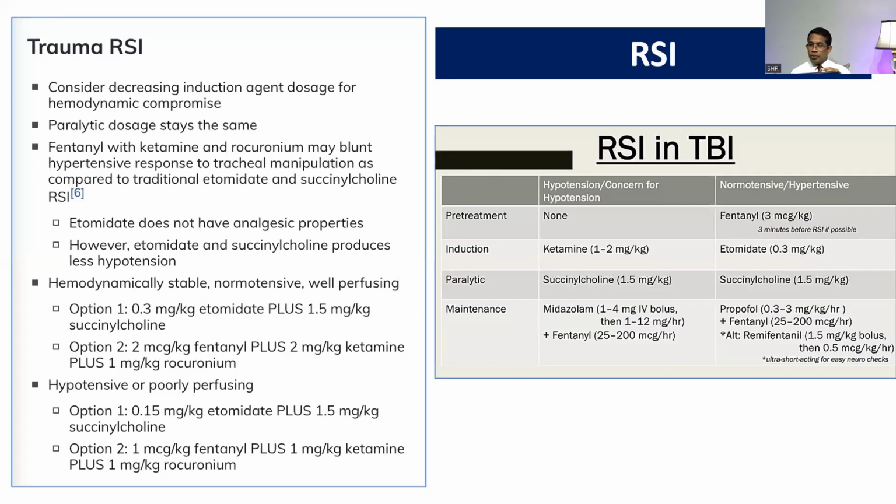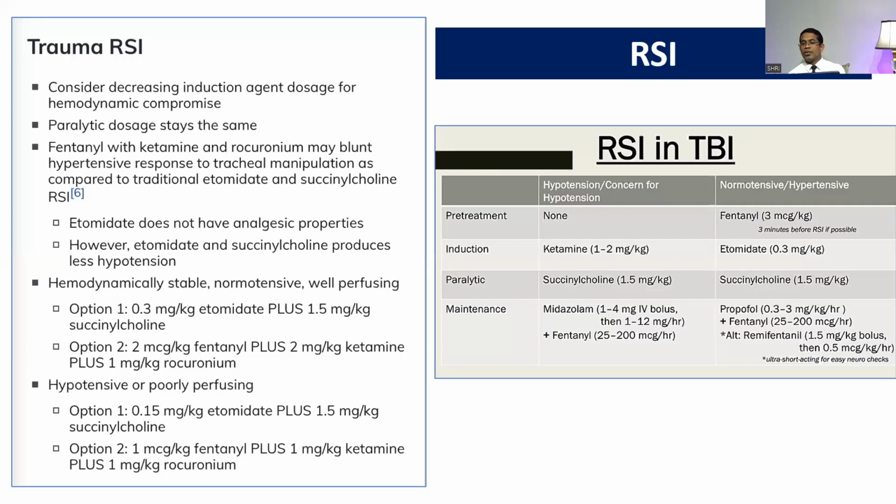For a patient who is hypotensive, poorly perfused, or at risk of hypotension, what you prefer is fentanyl 1 microgram per kg plus ketamine 1 milligram per kg, that is half the usual dose, and the routine dose of rocuronium or suxamethonium. Okay, this is our usual trauma RSI.